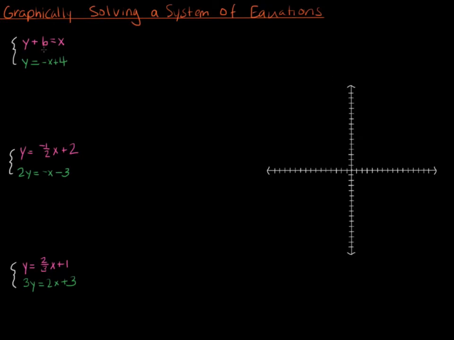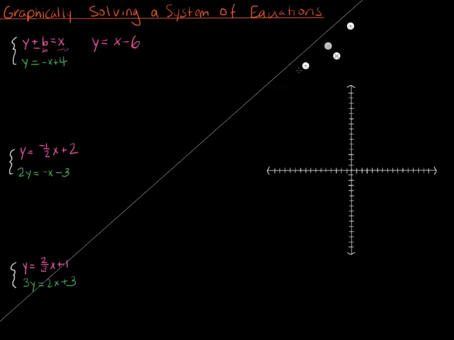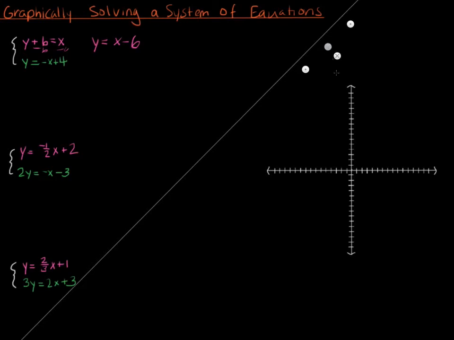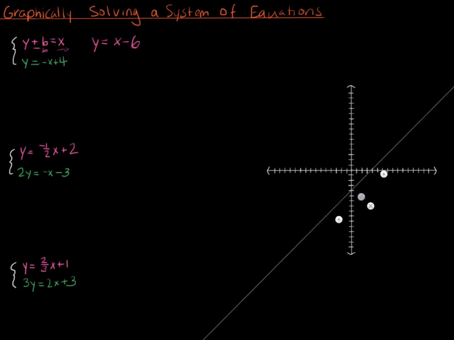So let's look at this first one. y plus 6 equals x and y equals negative x plus 4. Okay, so first I want to put this into y equals mx plus b format, so I'm going to subtract 6 from both sides. So y equals x minus 6. Okay, so y equals x minus 6 is an equation that goes through negative 6.